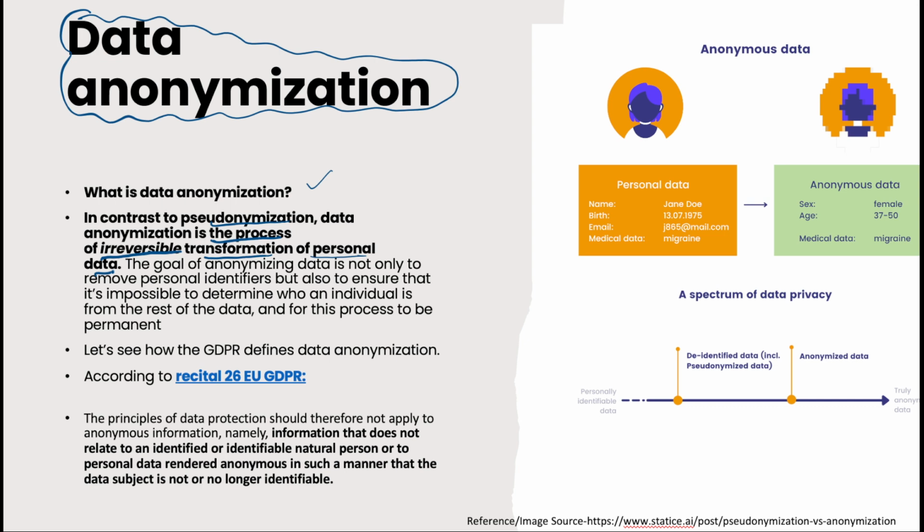The goal of anonymizing data is not only to remove personal identifiers, but also to ensure that it is impossible to determine who an individual is from the rest of the data, and for this to be permanent. This is very important.